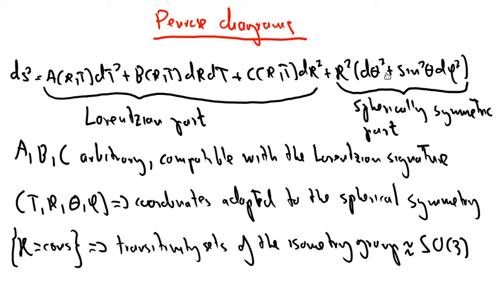Okay, so if we take R constant, this is the metric on the 2-dimensional sphere. Okay, so this is the general structure of a spherically symmetric spacetime in dimension 4.